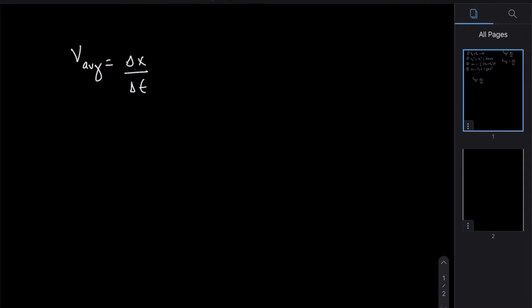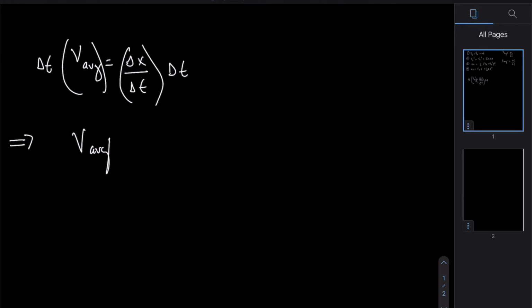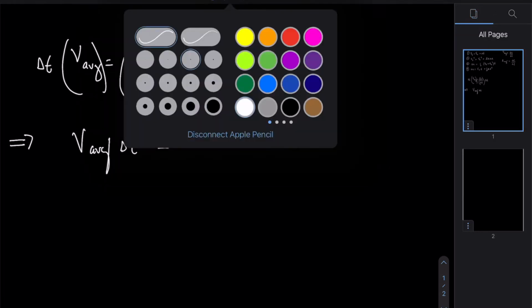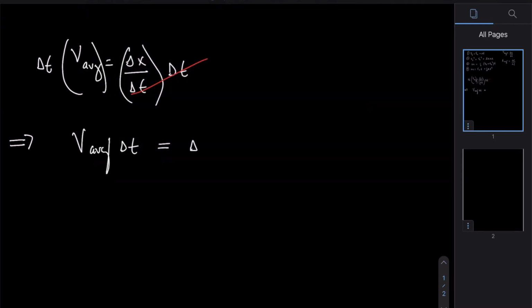Now, if we just multiply both sides by time, we are going to get average velocity times the change in time is equal to, and these should cancel out, just displacement. If you're not clear on the difference between distance and displacement, I encourage you to review that on your own. It shouldn't take too long. It's a pretty simple distinction.